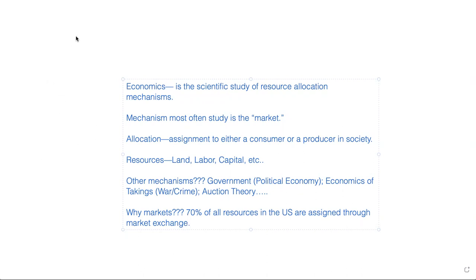Okay, so does anybody have any questions right now? So I defined resource allocation and mechanisms, and I also want to point out that if you do have any questions about any of these terms, then you can look in the text and you can get more examples.